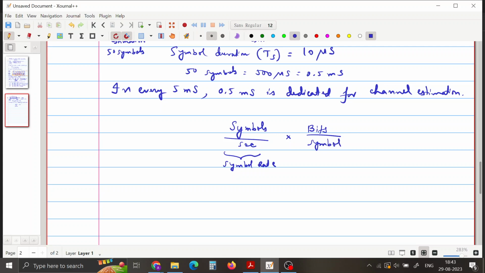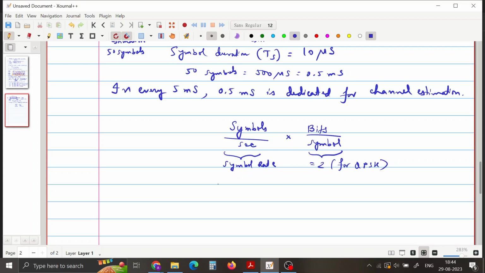So how many bits are there in each symbol, which you know is 2 for QPSK. If you do this, you are left with bits per second.